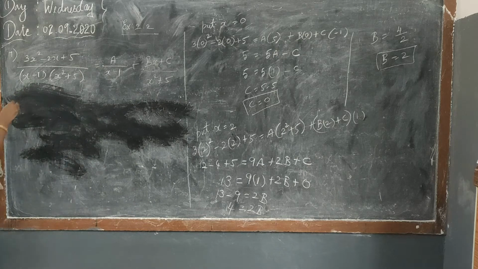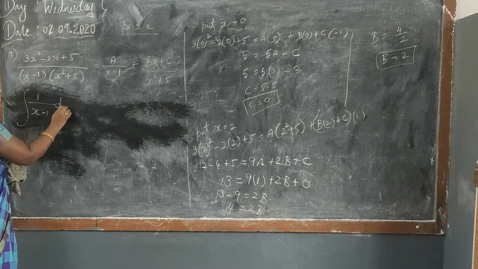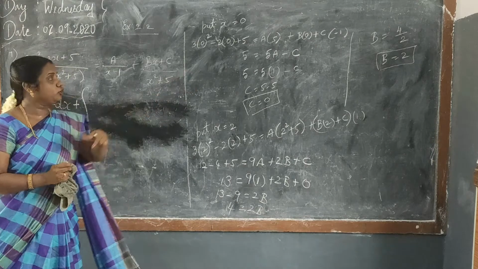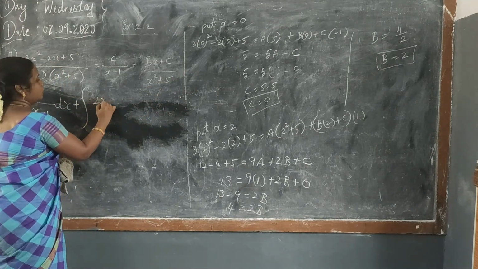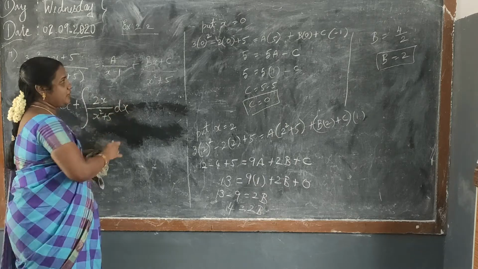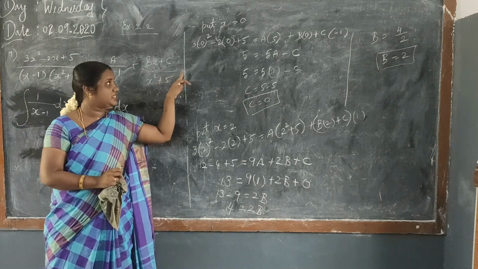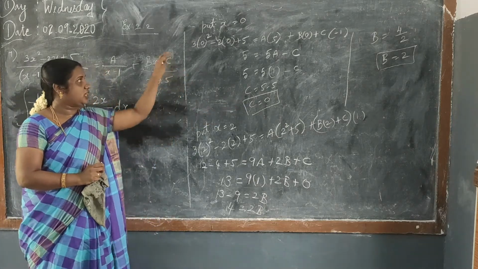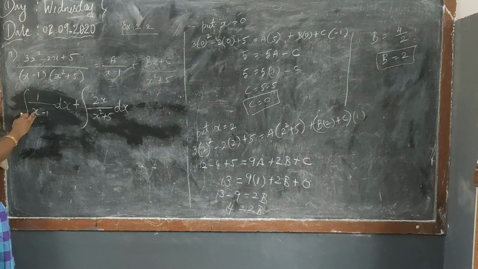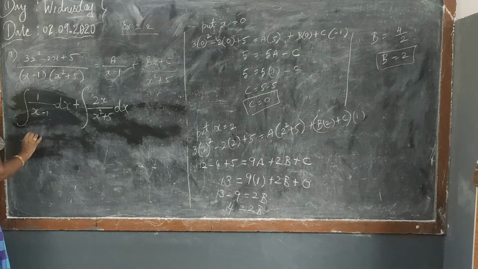So integrate: our value of a is 1, so integral of 1 by x minus 1 dx, plus integral of, what is the value of b here? 2, so 2x by x square plus 5 dx. Our value of c is 0, so you don't need to write c. What is the integral of 1 by x minus 1 dx? It is log of x minus 1. This one you know already.